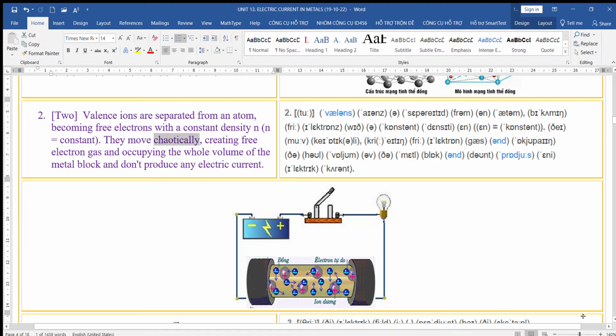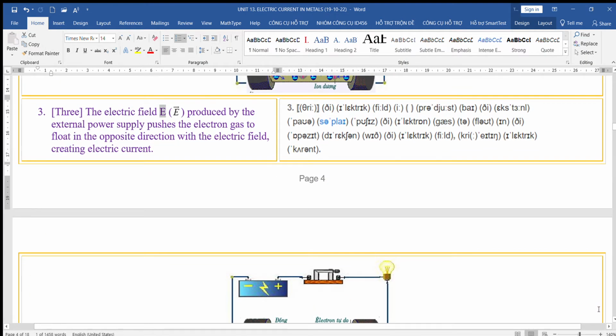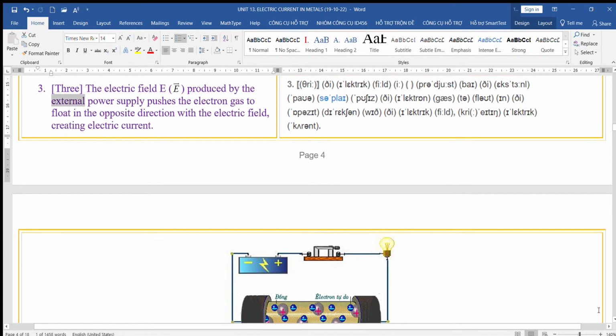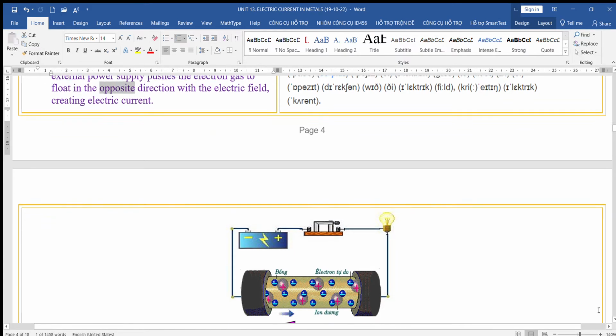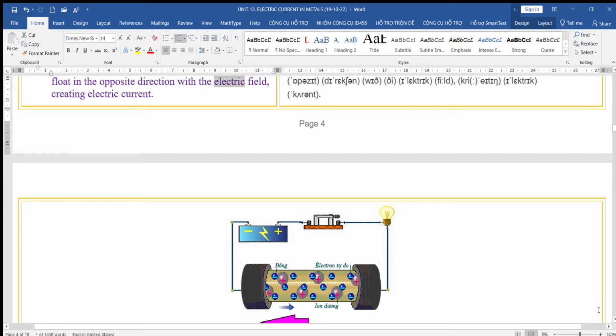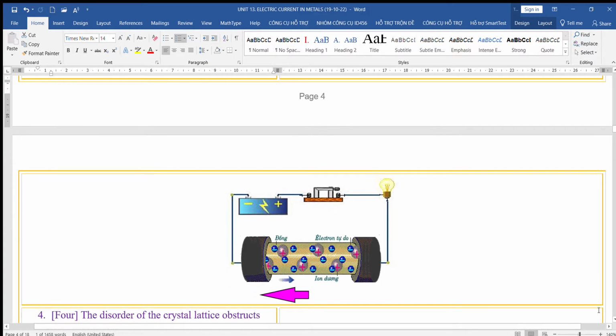They move chaotically, creating free electron gas and occupying the whole volume of the metal block, and don't produce any electric current. 3. The electric field E, produced by the external power supply, pushes the electron gas to drift in the direction opposite to the electric field, creating electric current.